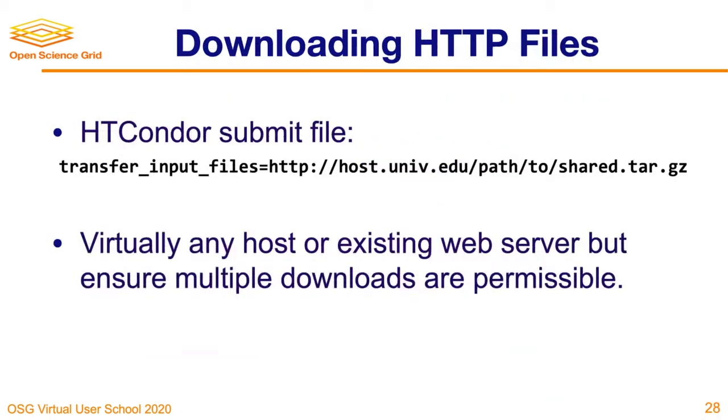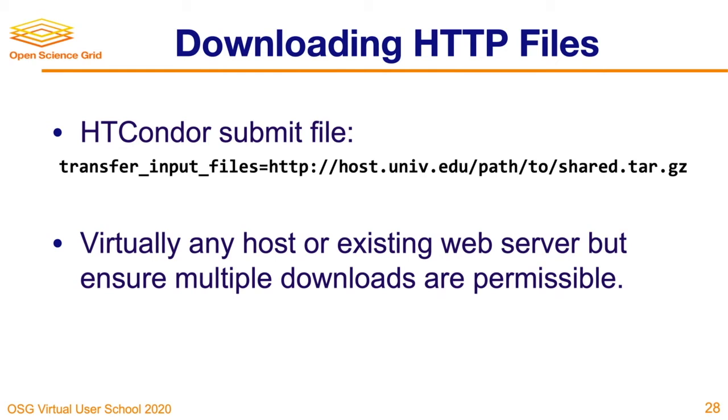To utilize web proxies within your HTCondor jobs, you can just specify the URL of the file right within your transfer input files line, just as shown on the screen. What'll happen is when the file transfer occurs within HTCondor, it'll pull down those files once it lands at the slot. Again, you can use pretty much any host or web server.